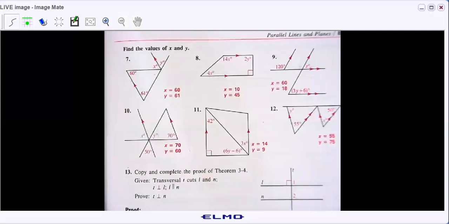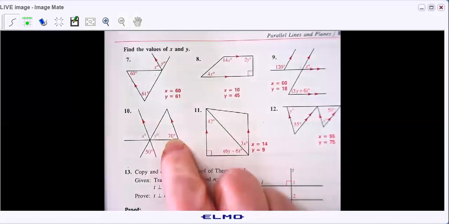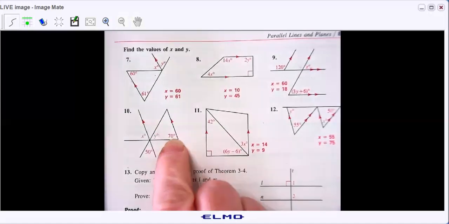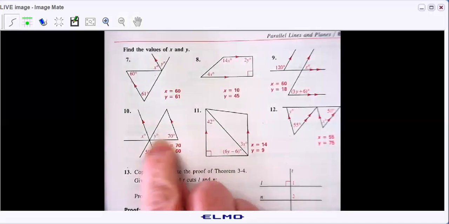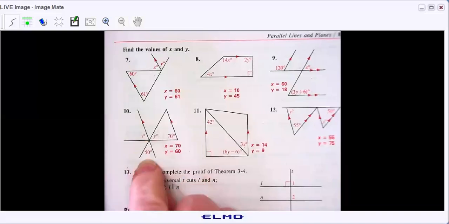So number 10, think about 70 and a corresponding angle. So we can slide the 70 over here. That's how they get x equals 70. They give you this 50 for a reason.